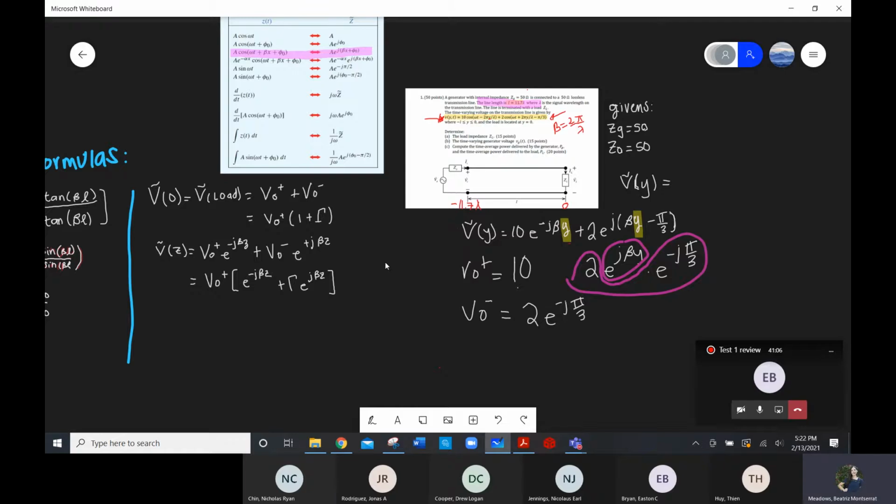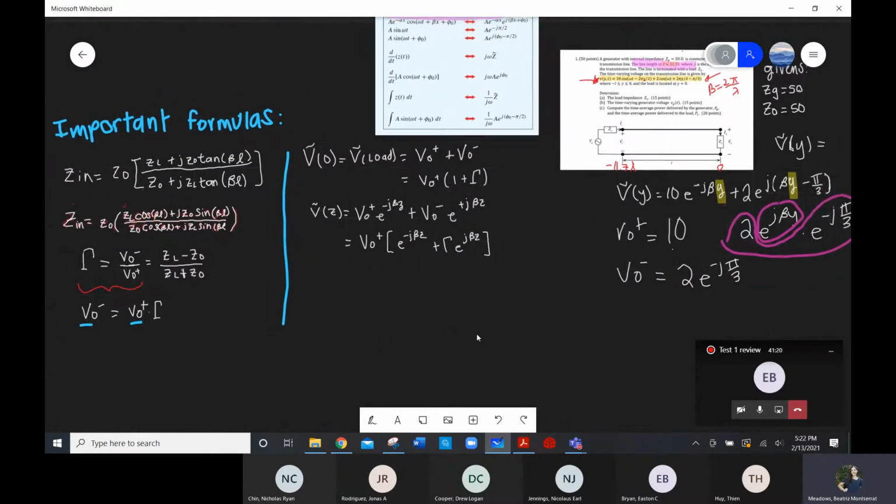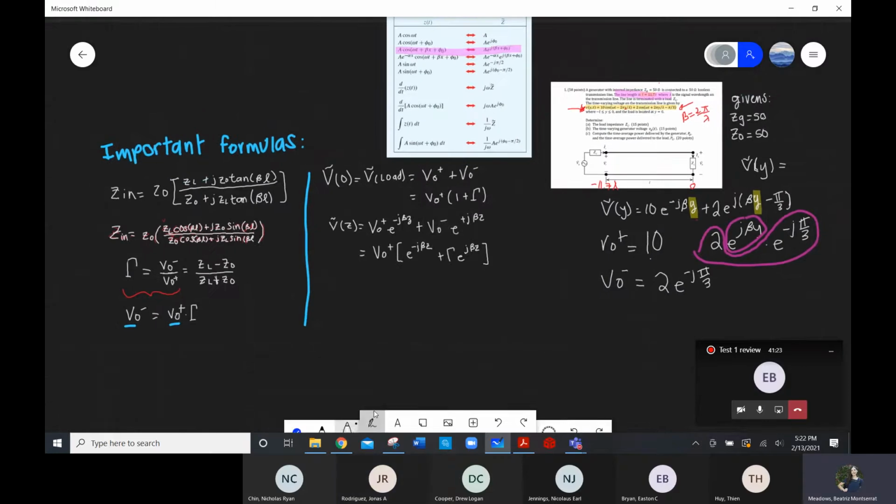Okay, so now that you should know V naught plus, V naught minus. From there, remember, what can you find from there? We just talked about this. Now that we know V naught plus and V naught minus, we can get gamma. Yes, so knowing V naught plus and V naught minus, we can get gamma, and we can get ZL from here, right?